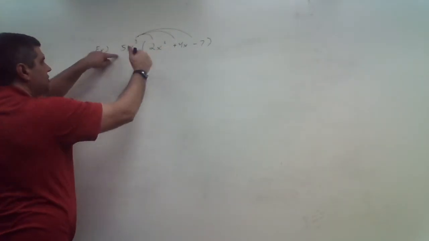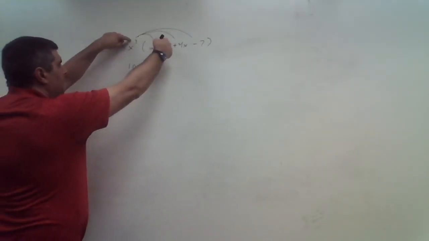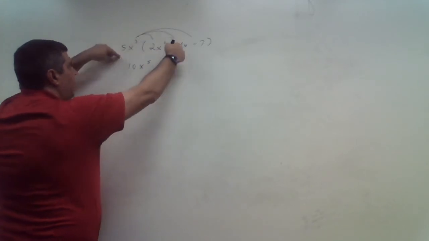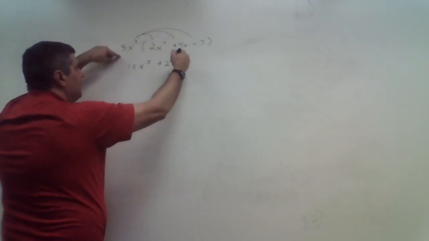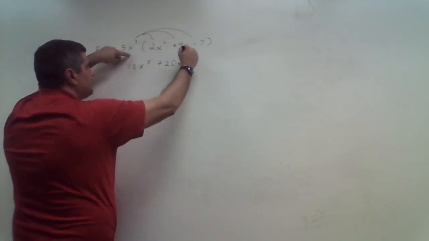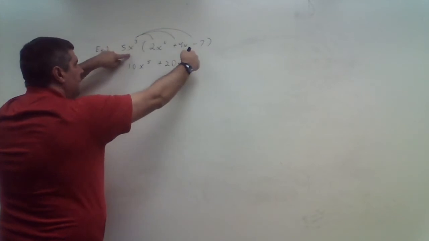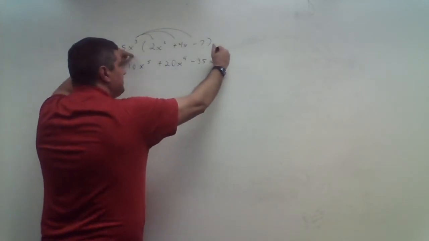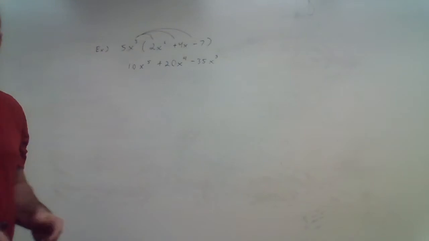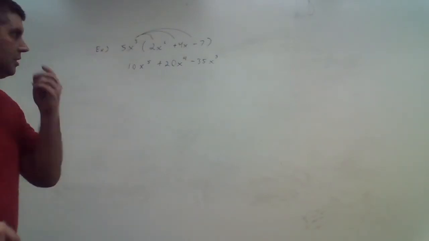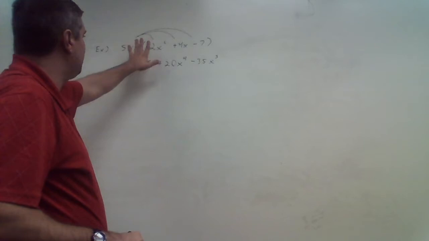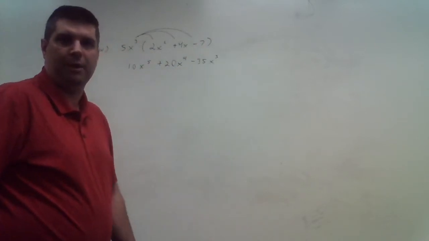So 5 times 2 is 10, and then when you're multiplying, you add the exponents. 3 plus 2 is 5. 5 times 4 is 20, and x cubed times x is x to the fourth. And then 5 times minus 7 is minus 35 times the x cubed. That's it, okay? So that is a single term monomial times a multi-term polynomial.